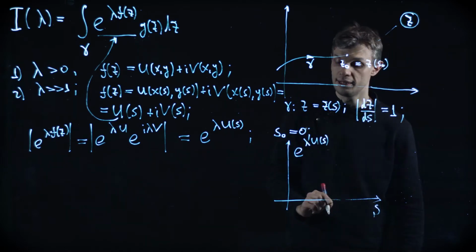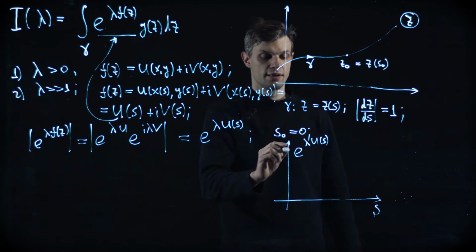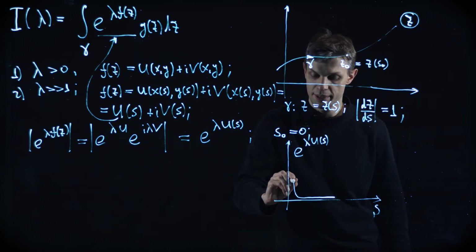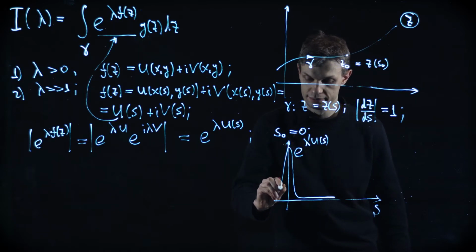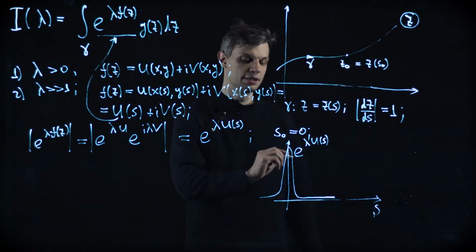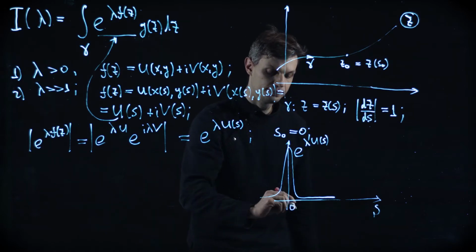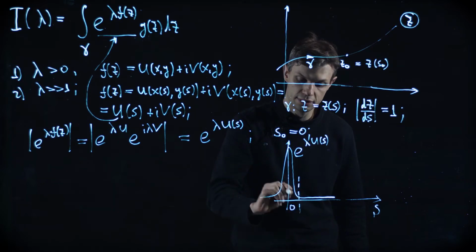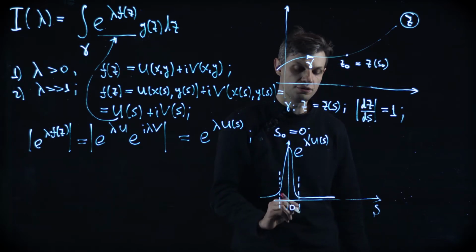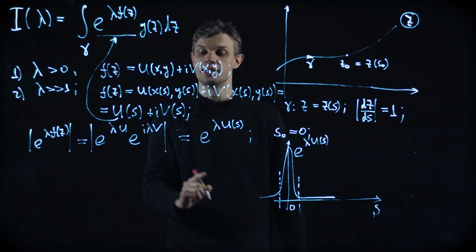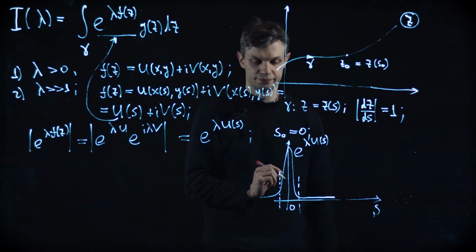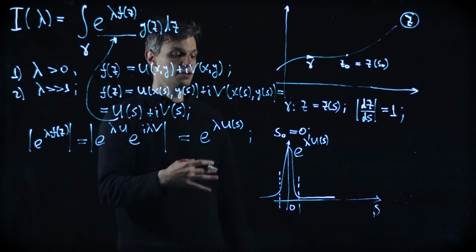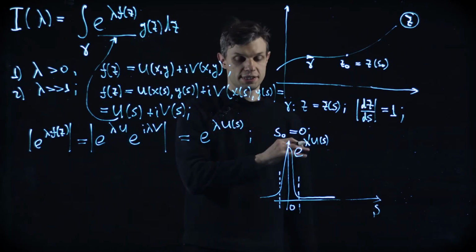Clearly, since lambda is large, this exponential, as in the real case, has a very sharp peak near the origin, and naturally only a narrow region near the origin in this parametric space contributes to the value of the integral. So it seems that the same kind of logic which worked for the real case integrals works here.